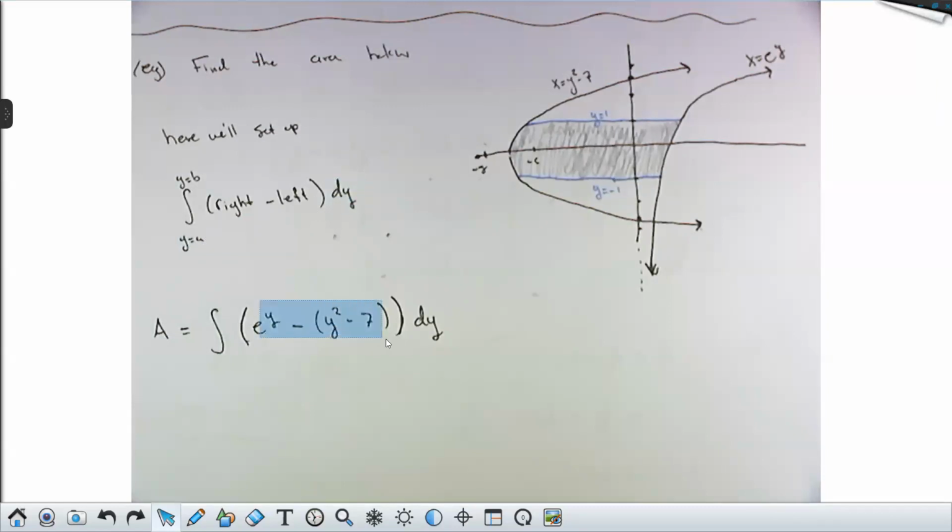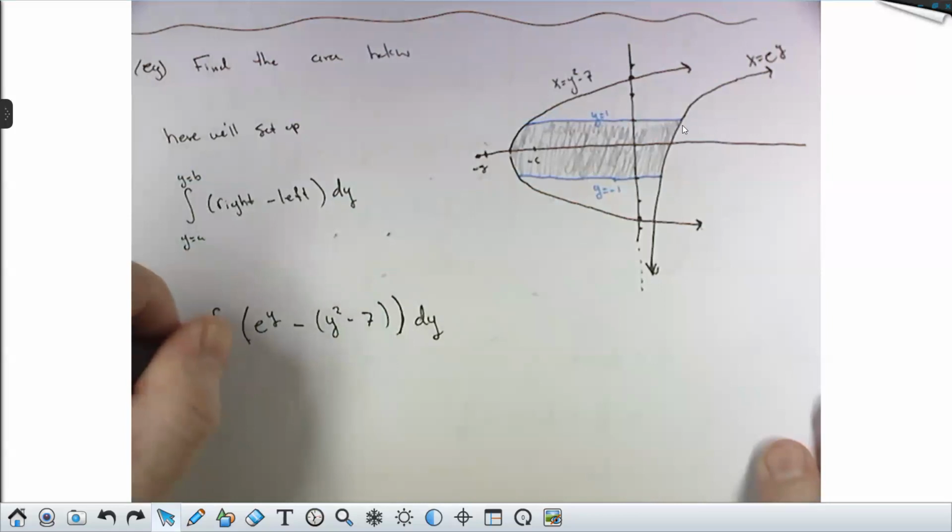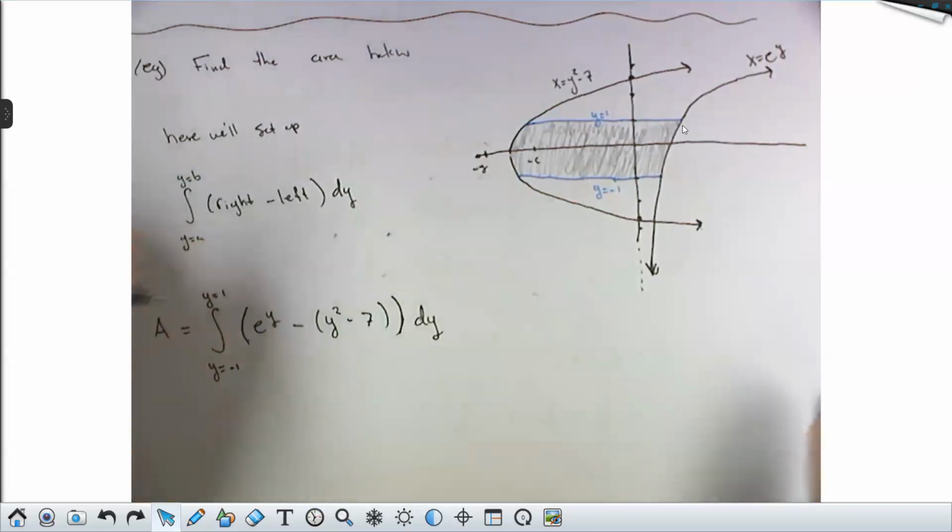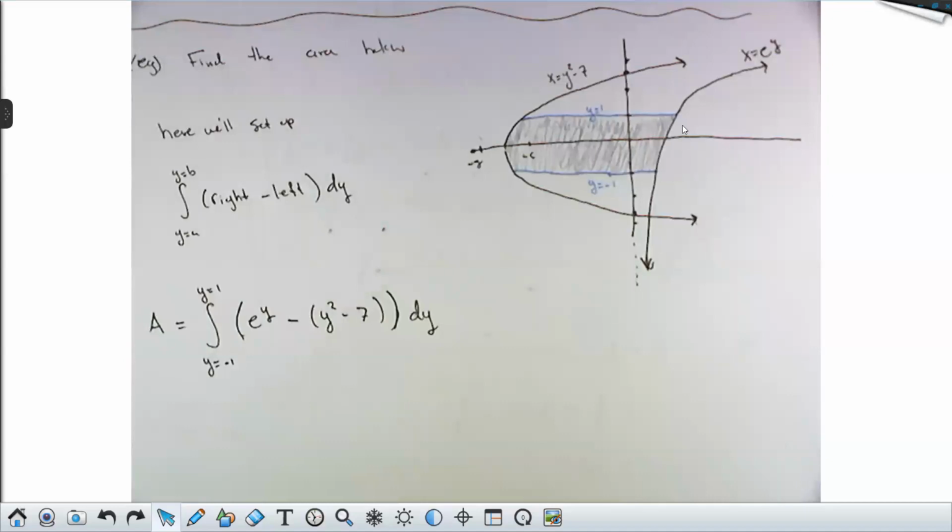That means your functions need to be functions of y, and your bounds need to be y values. So the lower bound here is the y value down here at the bottom, y equals -1. And the upper bound is the y value along the top, y equals +1. So this is an integral done from, I'll write it like this, y equals -1 to y equals +1 to remind you that those are y values.